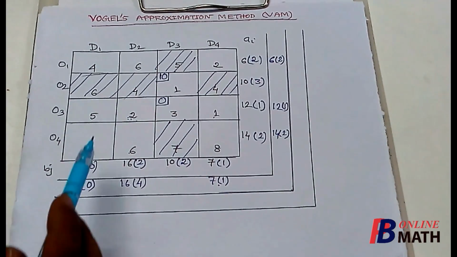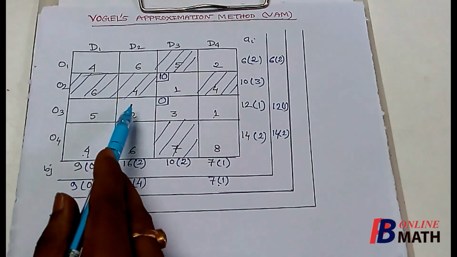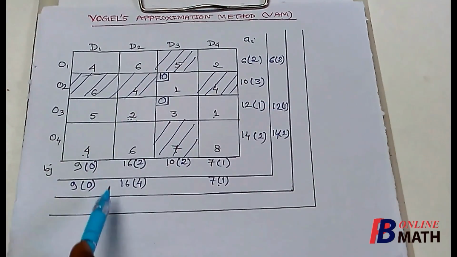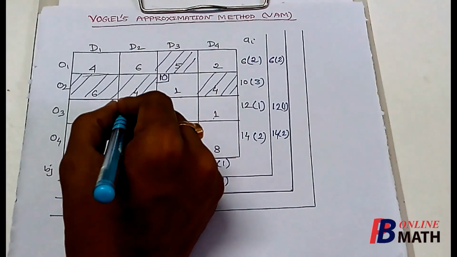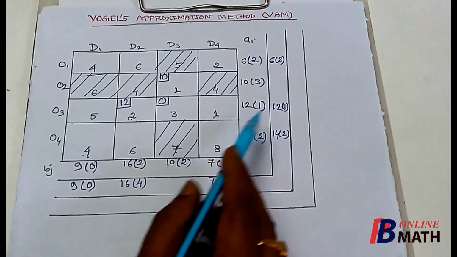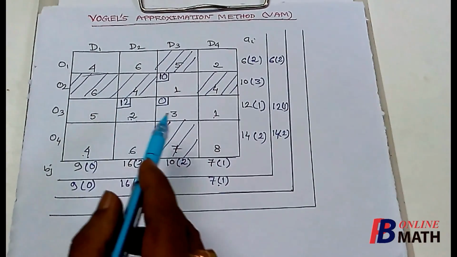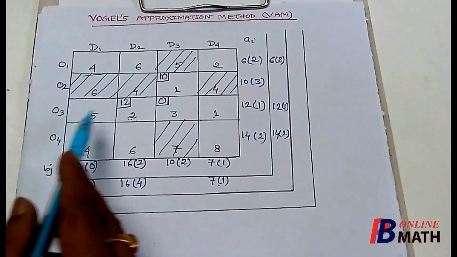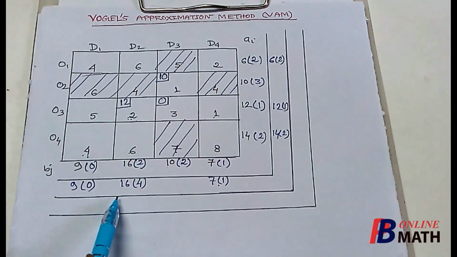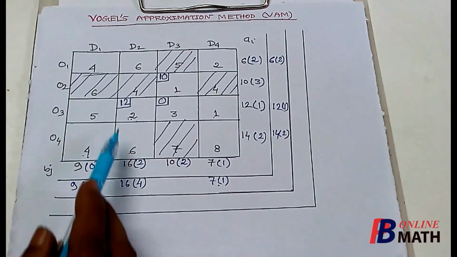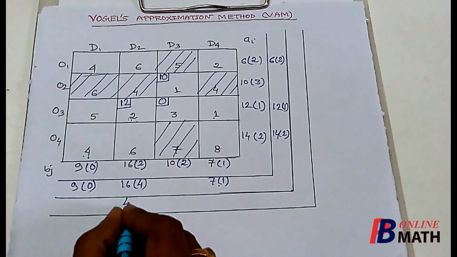To find the value of this basic variable, we have to check the corresponding capacity and demand, out of which 12 is minimum. So we can allocate maximum 12 here. If we allocate 12 here, then the revised capacity of the origin O3 is 0 now, and the revised demand of the destination D2 is 16 minus 12, which is 4 now.